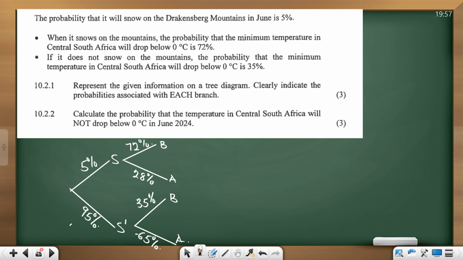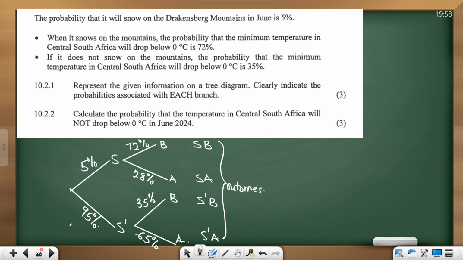Guys, once you do this, please, you must write out your outcomes. It is snowing. They are called outcomes. There's one mark for that.